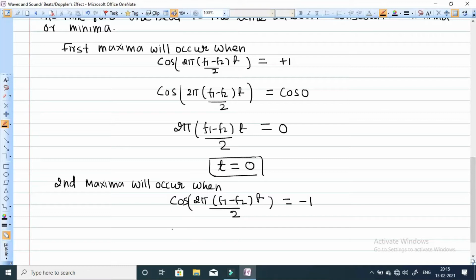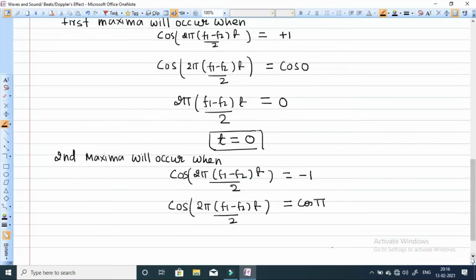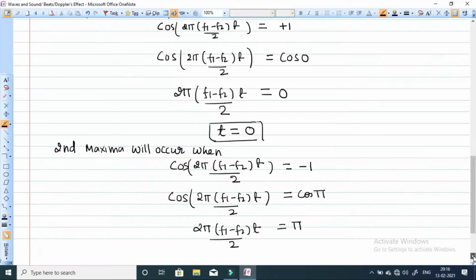So if you analyze this, then we can write cos of 2 pi into (f1 minus f2) into t divided by 2 is equal to cos of pi. And from this equation, we can write 2 pi into (f1 minus f2) into t divided by 2 is equal to pi, and from here we can calculate the value of time.